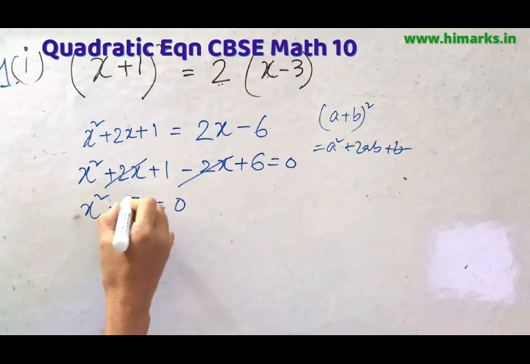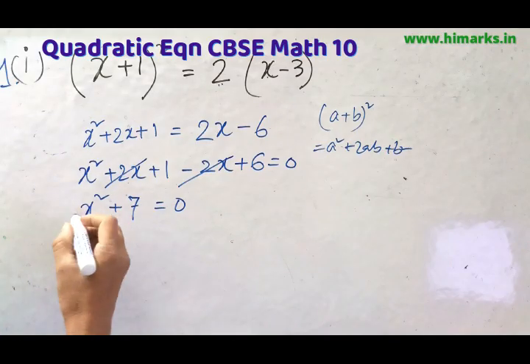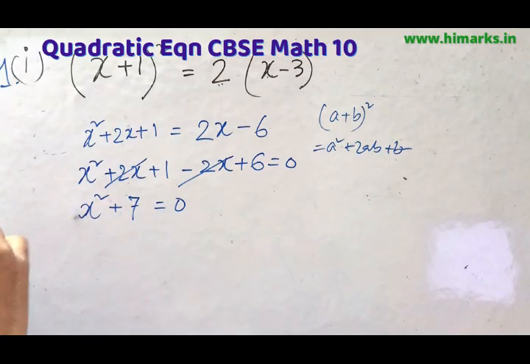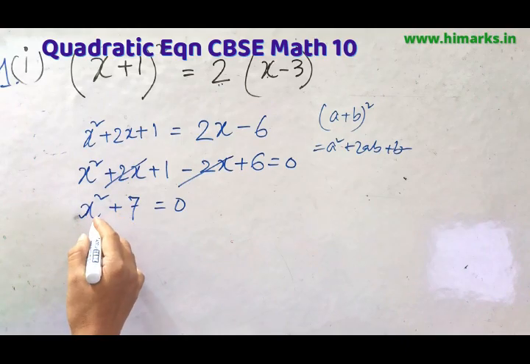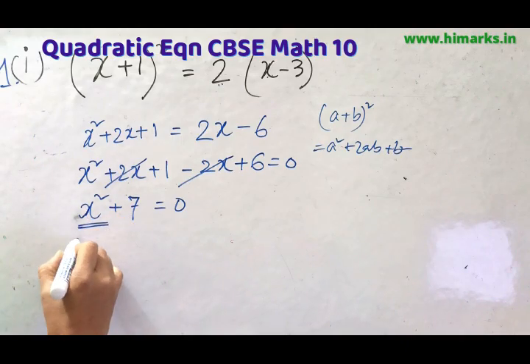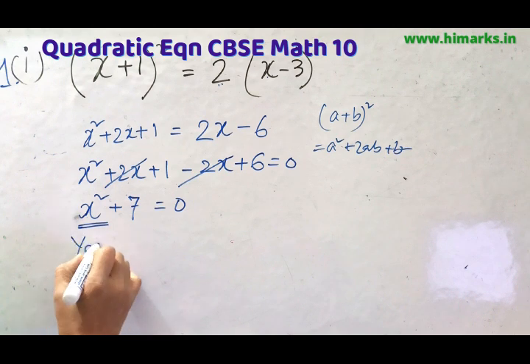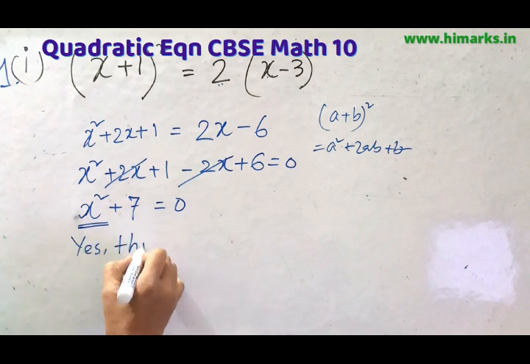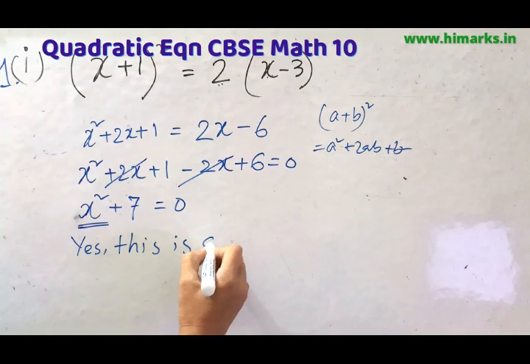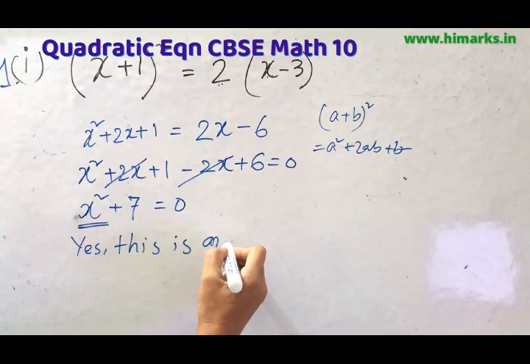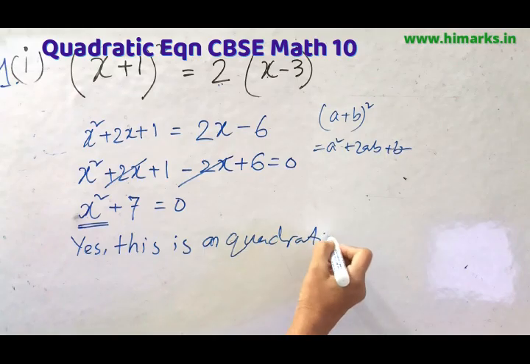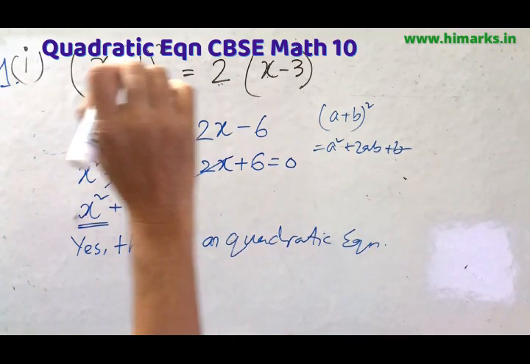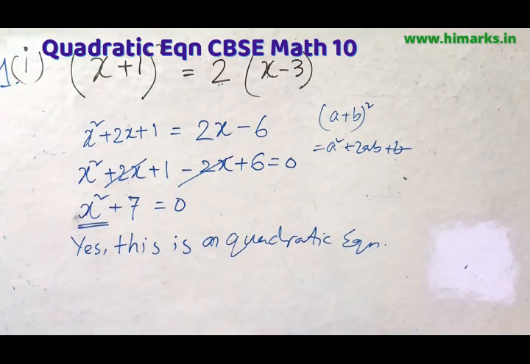As this has an x square term, if any equation has an x square in it, that is a quadratic equation. So the answer is yes, this is a quadratic equation.